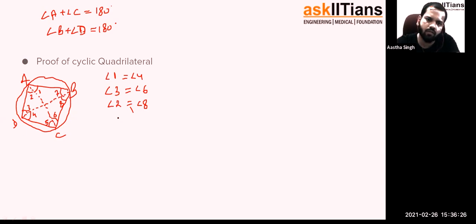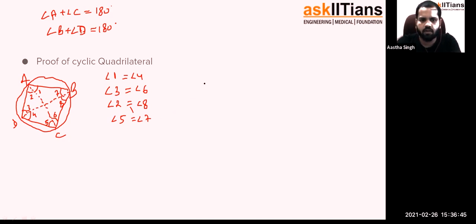What is left? Angle 5 and angle 7. Angle 5 is equal to angle 7, if you consider AD as an arc. The angles at the circumference subtended by the same arc are all equal. So this is what we have.